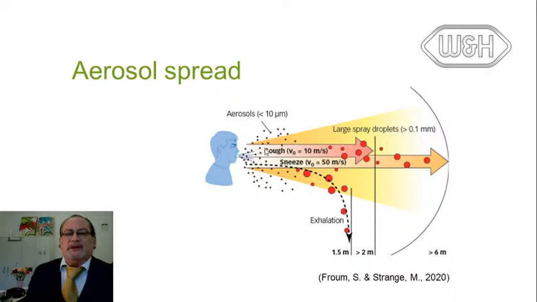Coughing brings the aerosol to a distance of approximately 2 meters, and sneezing is a process with very high velocity. The aerosol leaves the patient's nose and mouth with a velocity of 50 meters per second and thus may reach up to 6 meters.